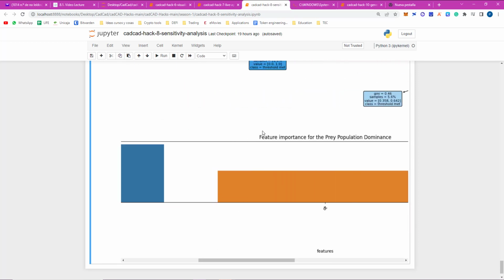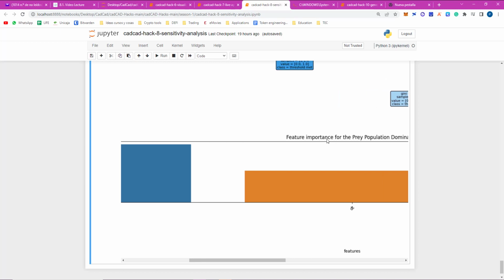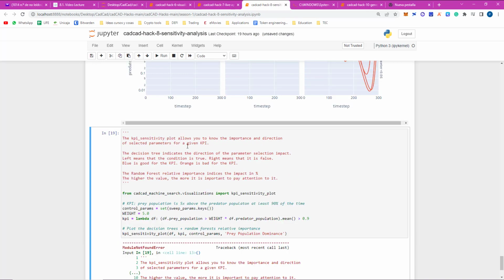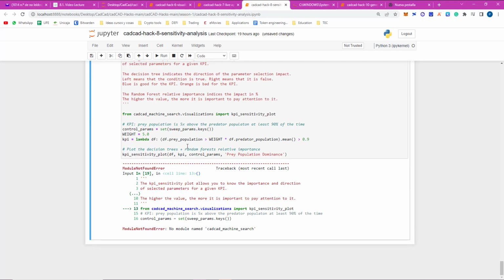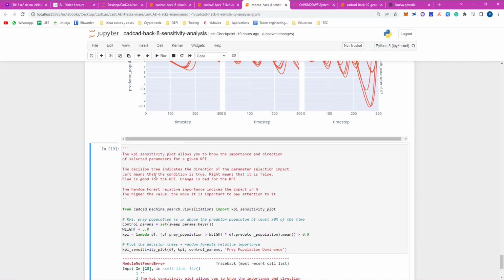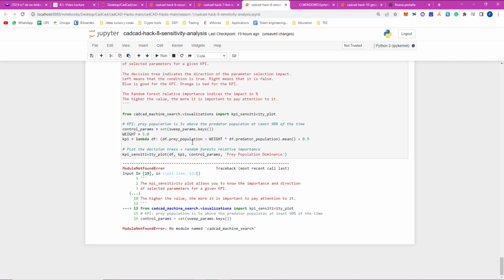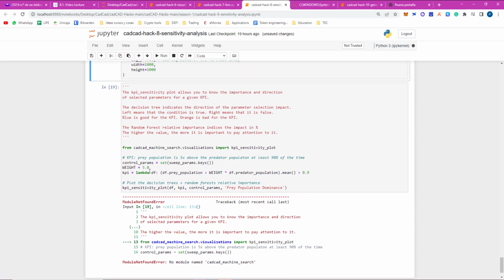The important part here, I think the feature importance is pretty relevant, and I don't know why I cannot make this smaller. I'm sorry, I'm going to run it again and see. Why do I have this wrong now? Run the above again. Try to run the cell now.